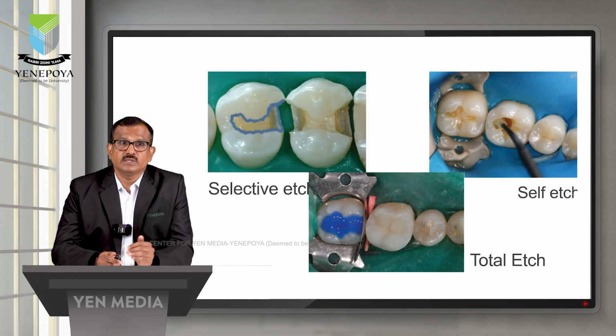We will not go into that, but in general what we have to follow is to etch enamel for longer time. So first start with enamel, then go towards the dentine. Finally, maybe we will be etching enamel for almost 30 to 40 seconds and 15 to 20 seconds on the dentine. Then that should give you an adequate amount of bond strength.